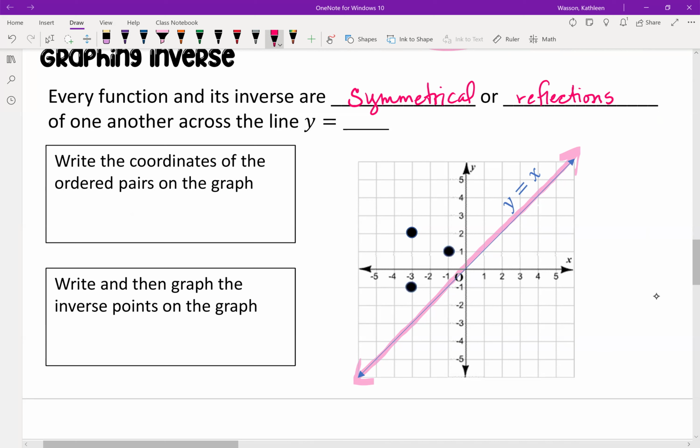And this axis of symmetry, which going forward we may call AOS, a funky S, is that y equals x.